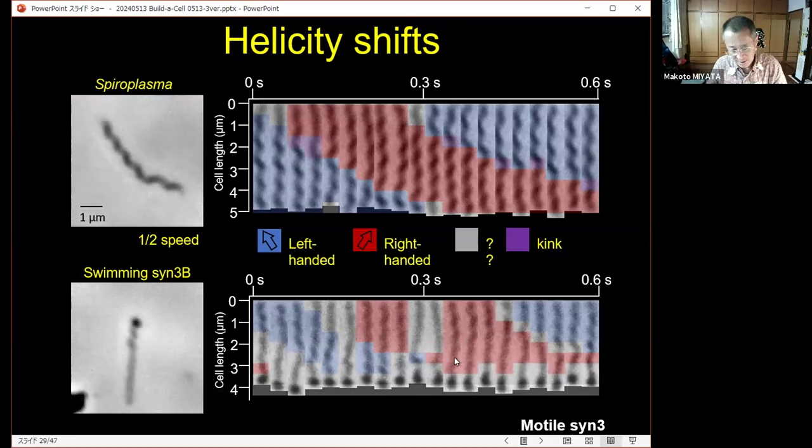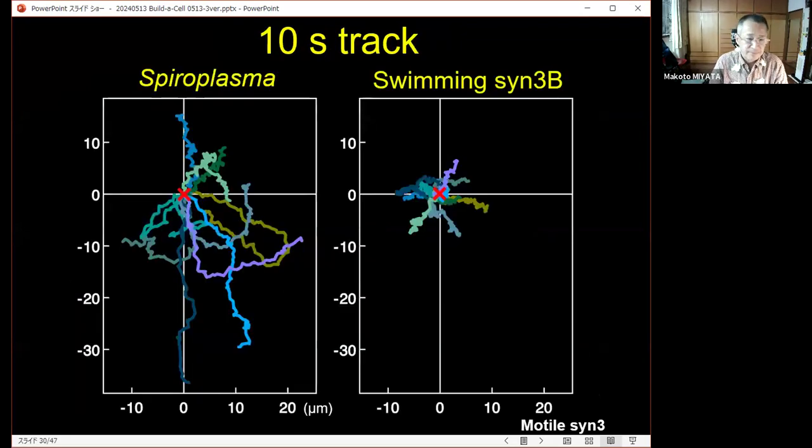So they easily stop and reverse the moving direction. Anyway, the discontinuity is reflected in the swimming behaviors.